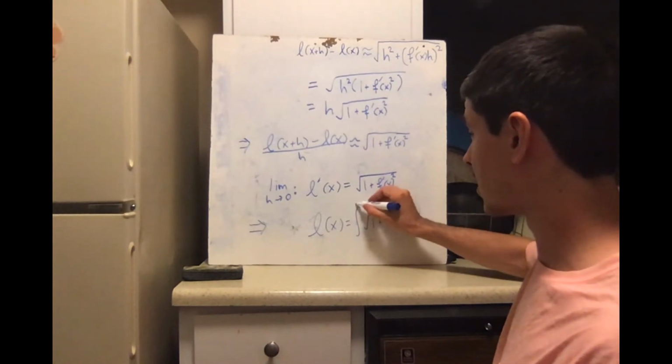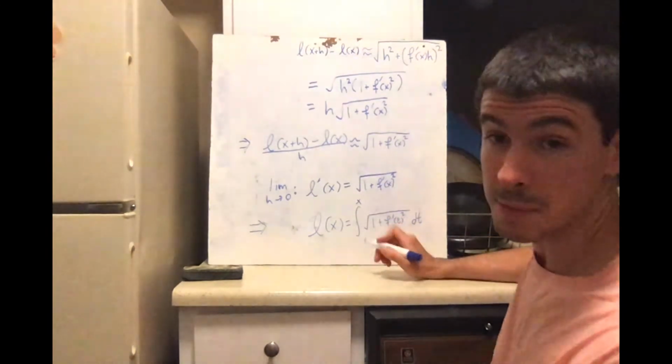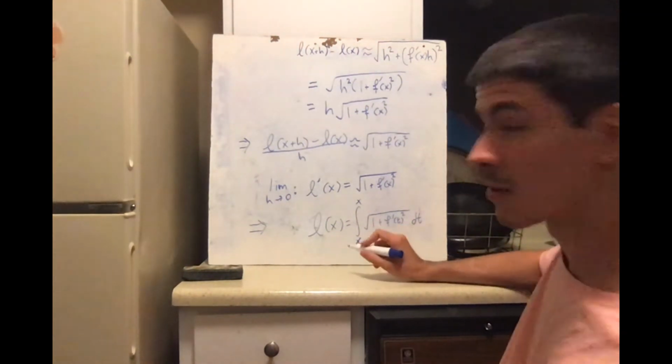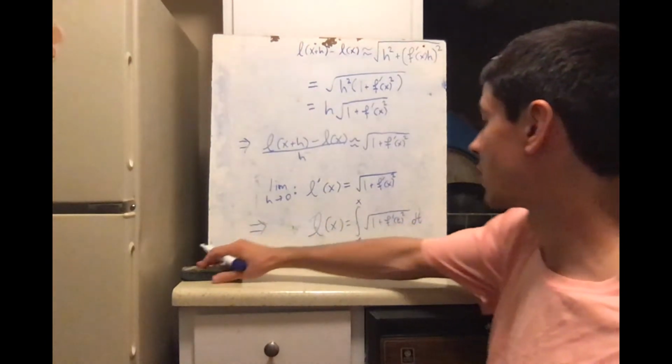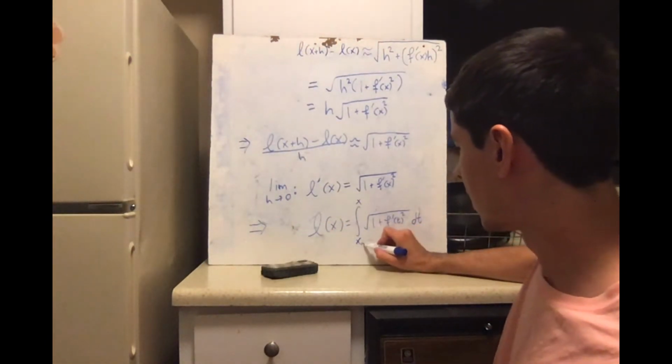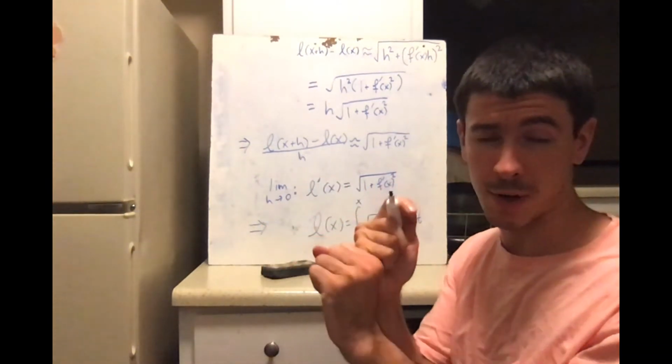The top bound of integration is going to be x, and the bottom bound of integration is going to be x0. Remember, it starts at x0, and of course the length of the curve at x0 is going to be 0 because it's just at that point.